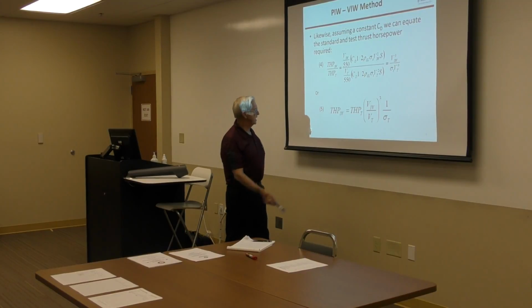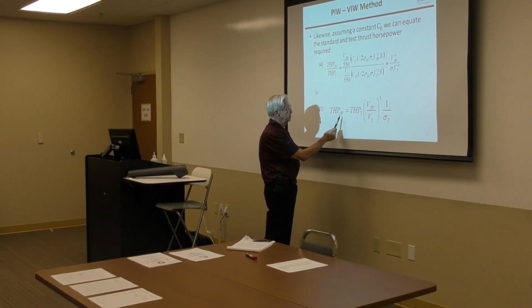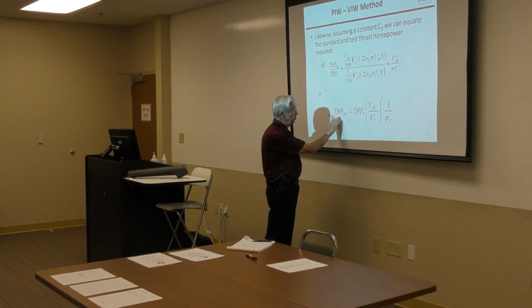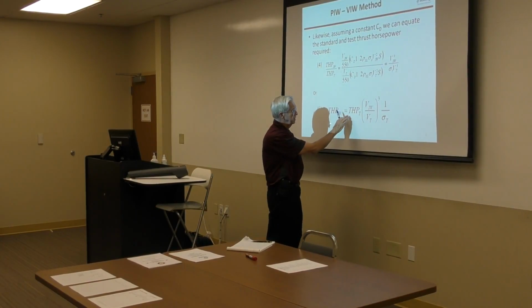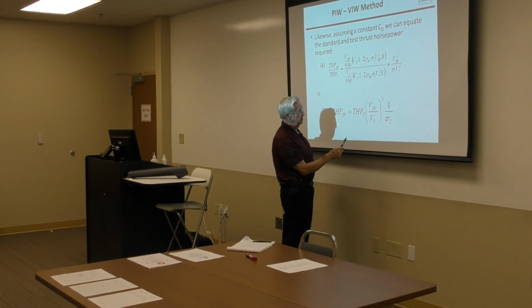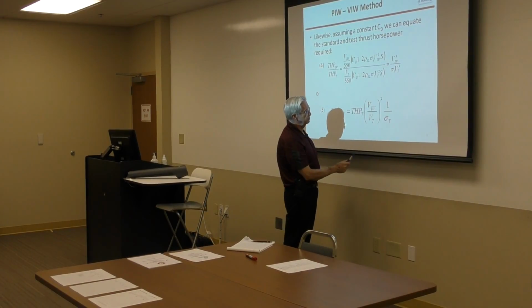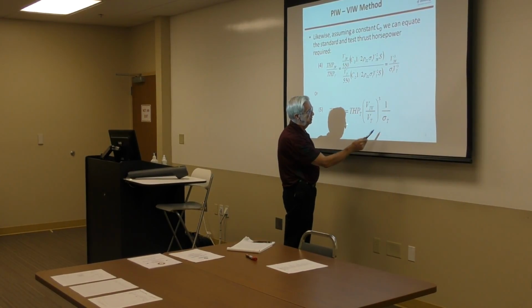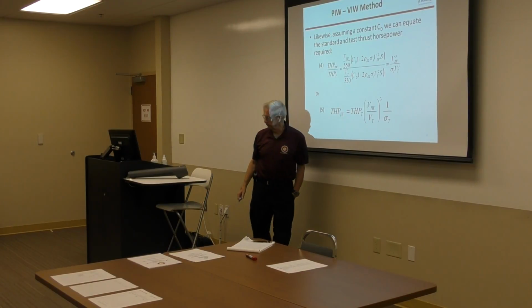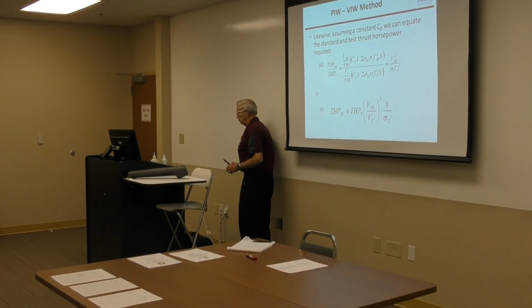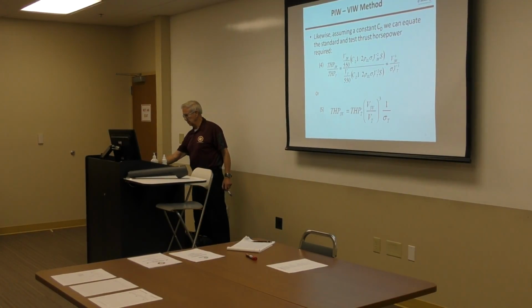And then we can say that thrust horsepower IW, or the standard sea level value, is equal to test value times VIW over true airspeed cubed, and 1 over the test value of density ratio, sigma.